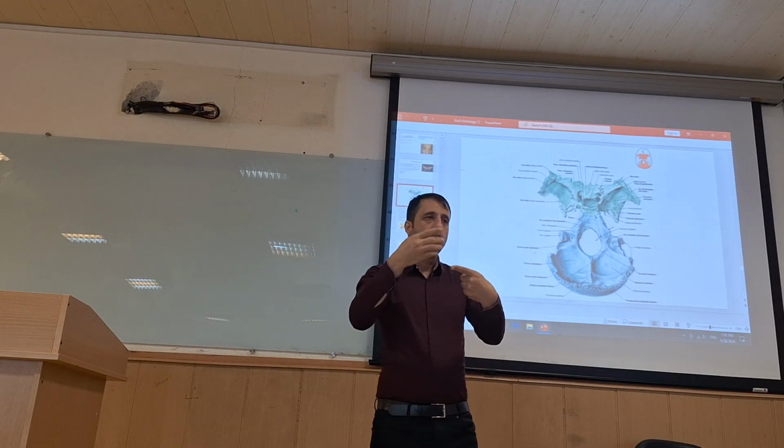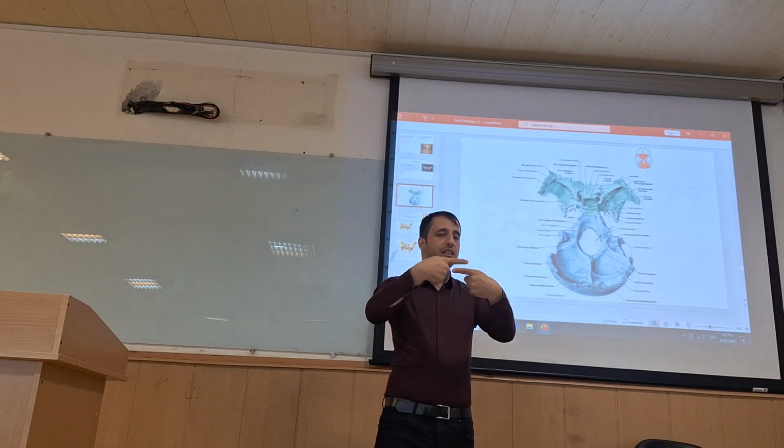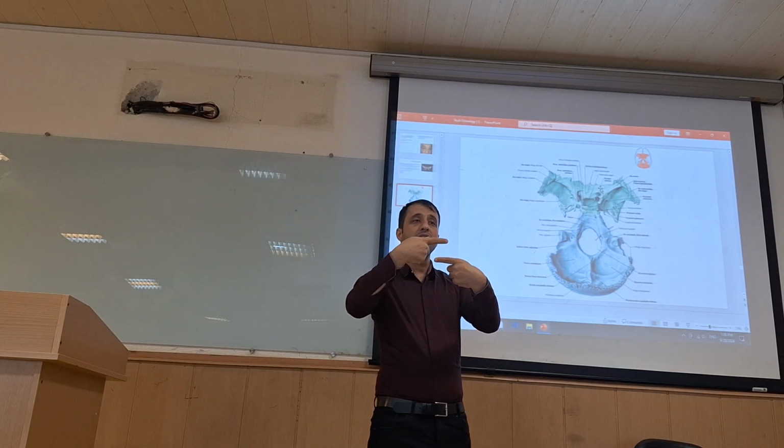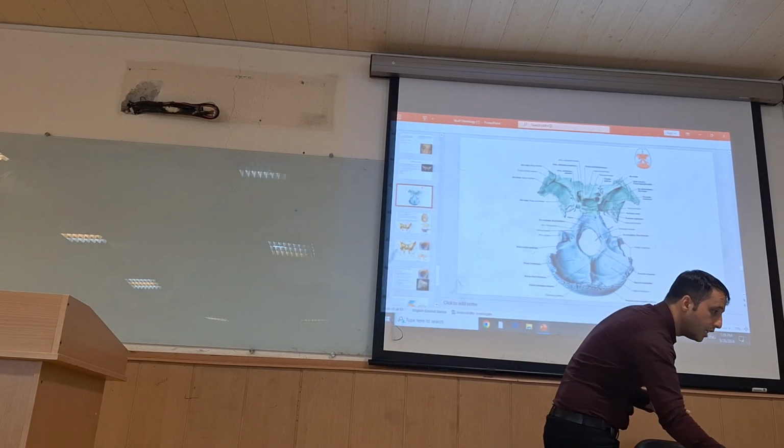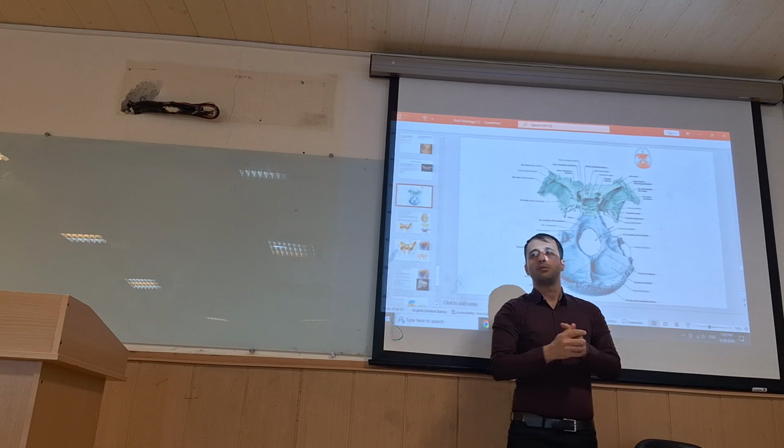Okay, half of the fibers of the optic nerves cross together, and this crossing of the optic nerves is located at this area, at the optic groove or sulcus chiasmaticus.